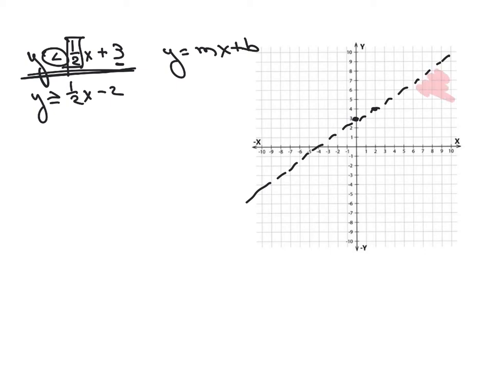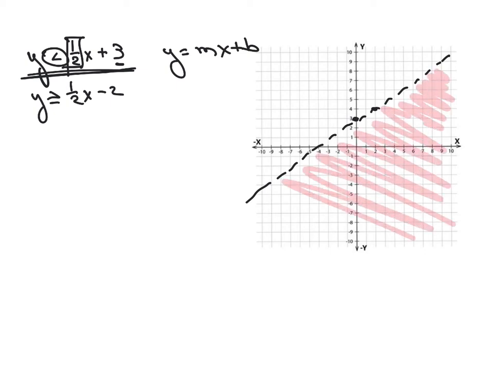So let's do this in red. I'm lucky I have a highlighter. Okay, now we're going to do the same thing here, except this time it crosses the y-axis at -2. And it's a greater than or equal to sign. So let's get the line drawn first.